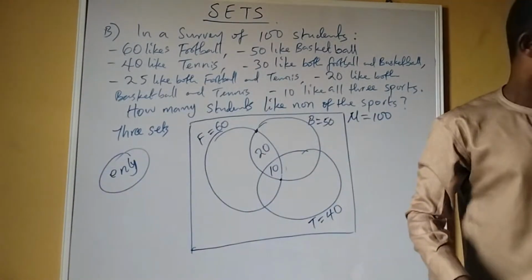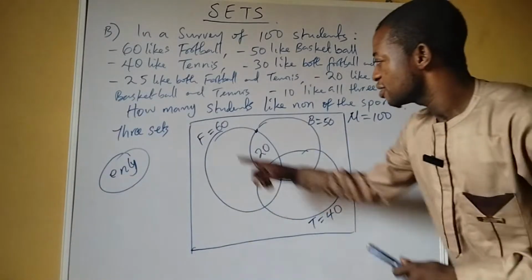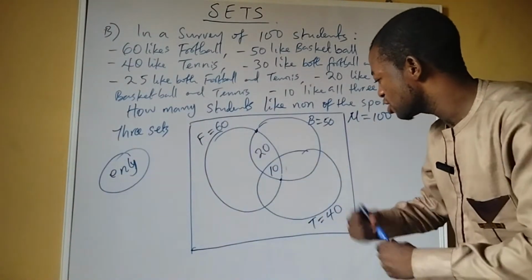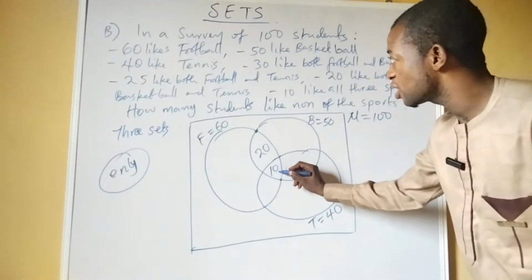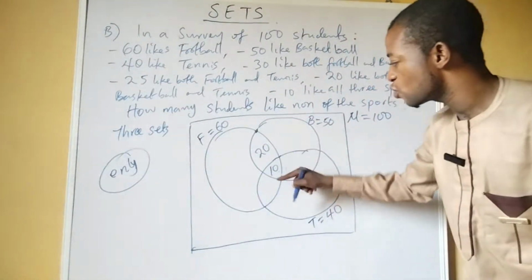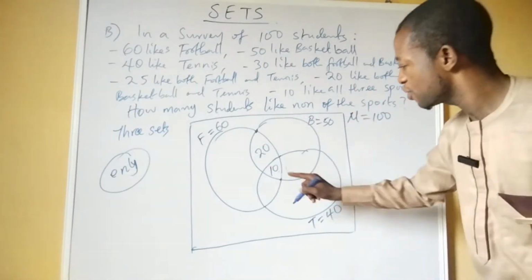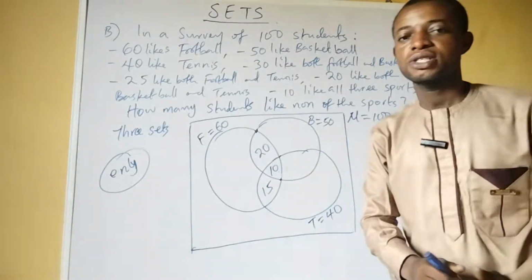Football and tennis covers, this is football, this is tennis. So it's covered from here to here, right? I already have 10 there, but it is 25 everything. So football and tennis only will now be 25 minus 10, and that's 15. I hope I'm not too fast.